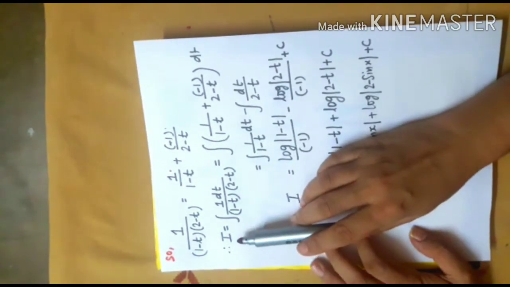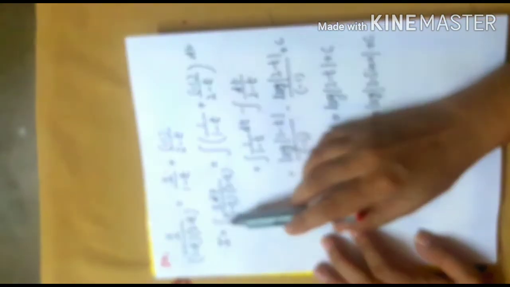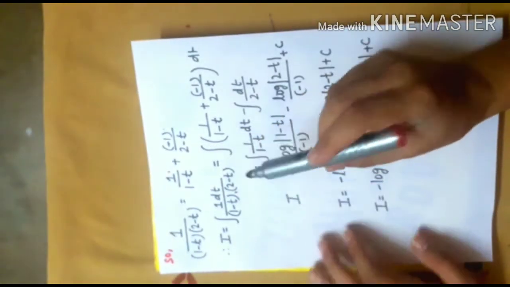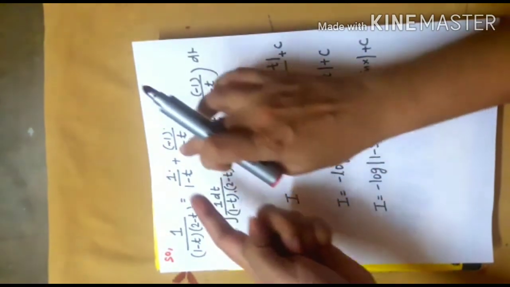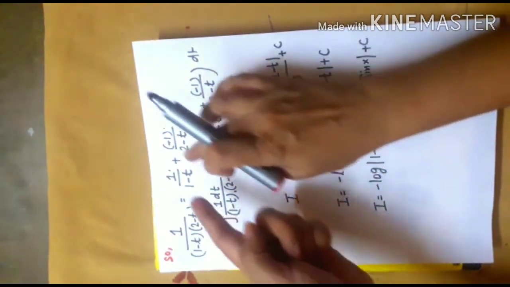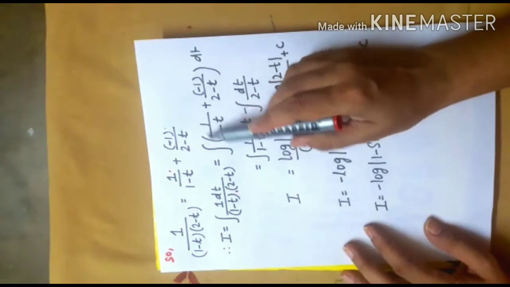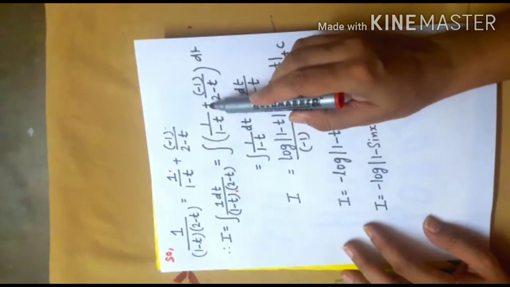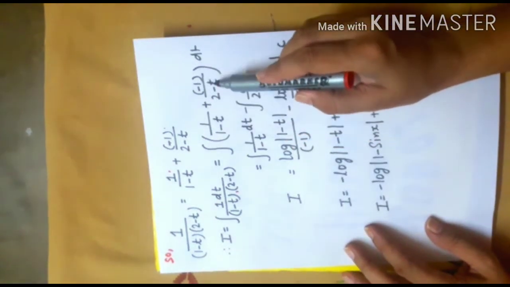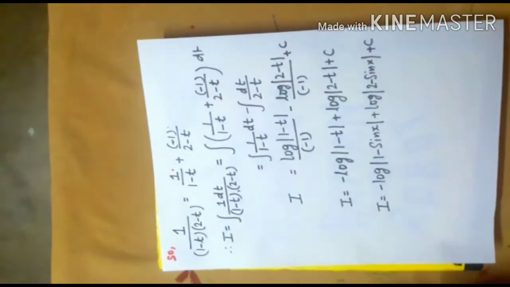So integral I will be equal to integral 1 dt over 1 minus t into 2 minus t will be equal to integral, this is equals to this. So replace this with this. Integral 1 over 1 minus t plus negative 1 over 2 minus t dt.